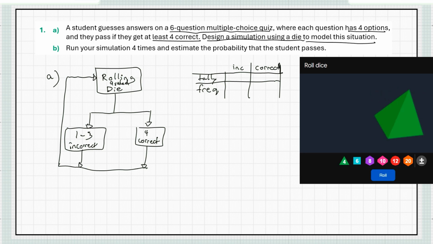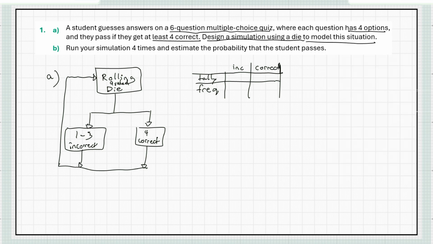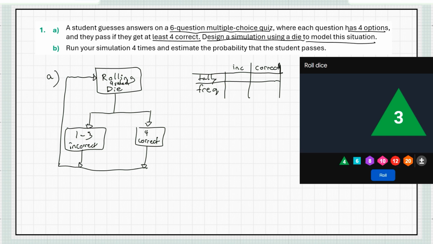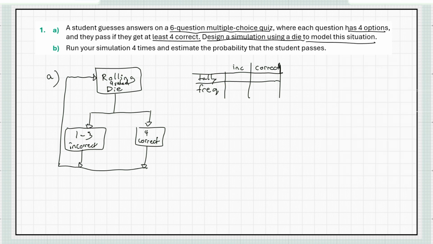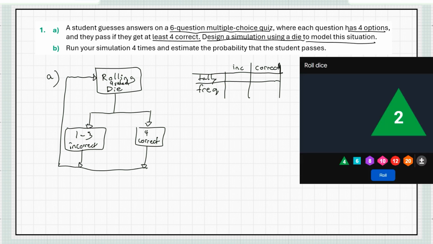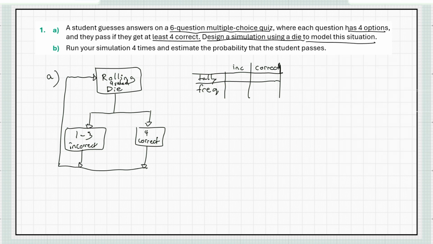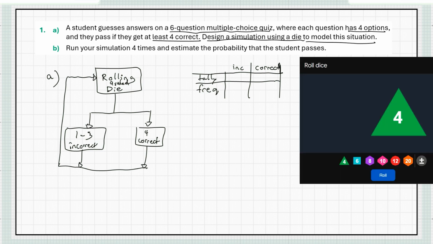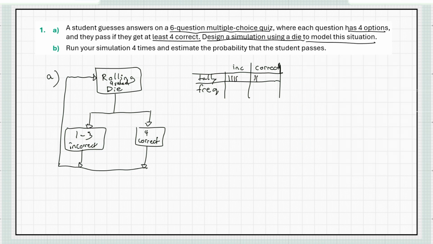Let's roll, and we failed again. Let's roll it again. We have a 2, so it's another fail. And then a 4, which is a correct. Then we roll one more time, and it's a 3.